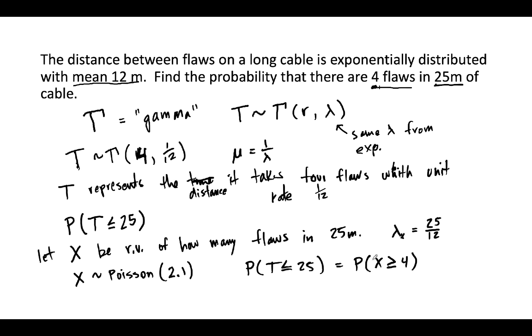This is saying that in 25 meters there were 4 or more flaws. That would be equivalent to t, the distance to 4 flaws, being less than 25 meters. So this is the key way to look at this problem in order to understand where the equation is coming from.